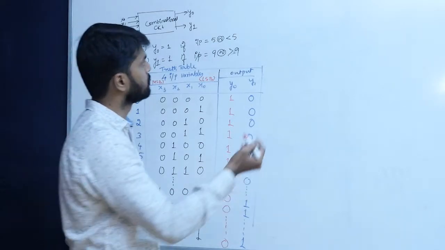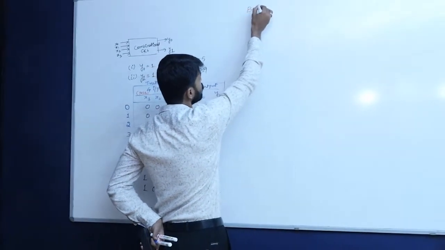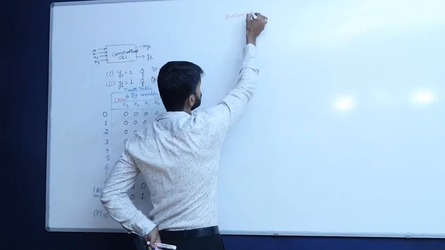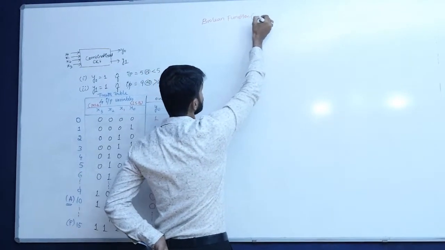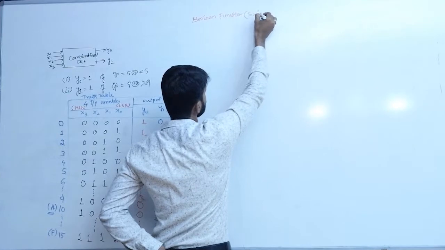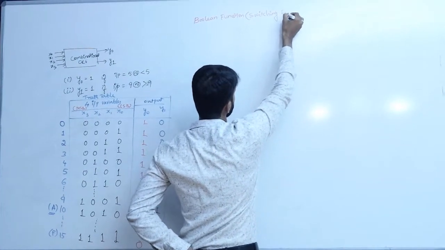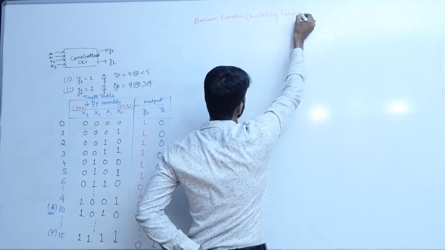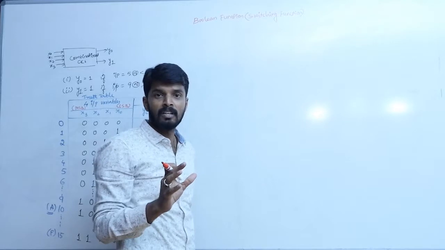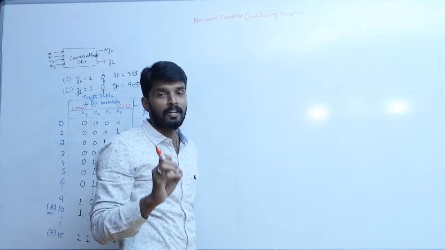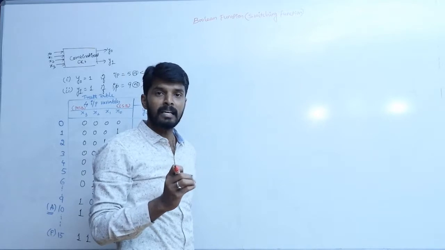Now we will see how to write any Boolean function, or we can say switching function. It is possible to construct any Boolean equation, Boolean function or switching function with the help of Boolean variables and their operations.